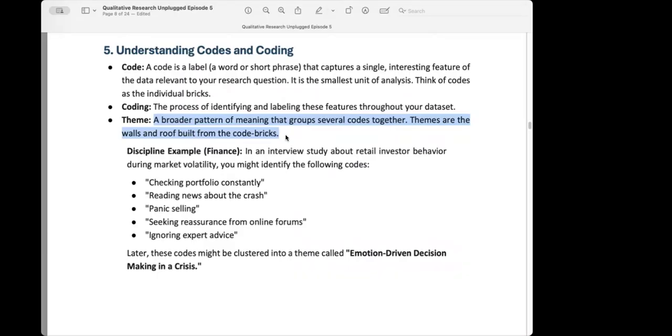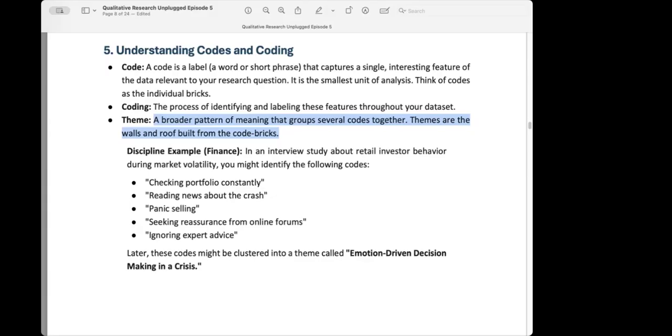"Reading news about the crash." Other codes could be "panic selling," when individuals describe hastily offloading assets, perhaps against advice, or "seeking reassurance from online forums" as they turn to peer groups for comfort or validation, or even "ignoring expert advice" if they mention overriding their financial advisor's recommendations. These are all discrete actions or feelings captured by codes. Got it. Lots of specific little observations.